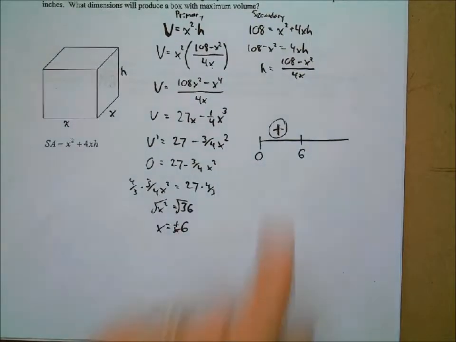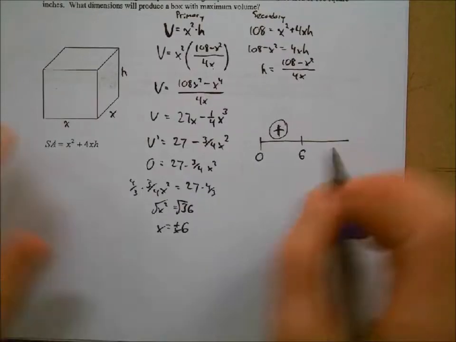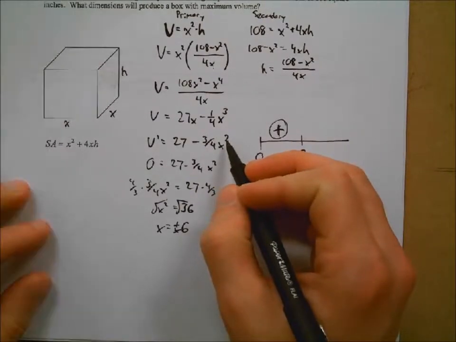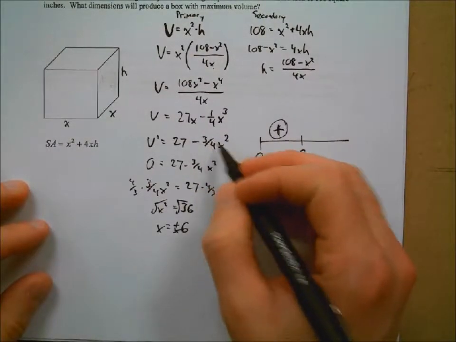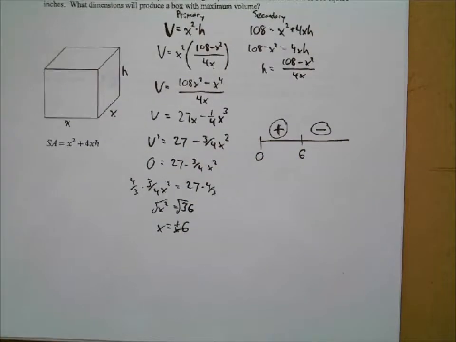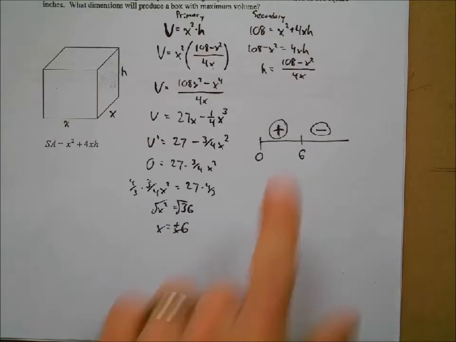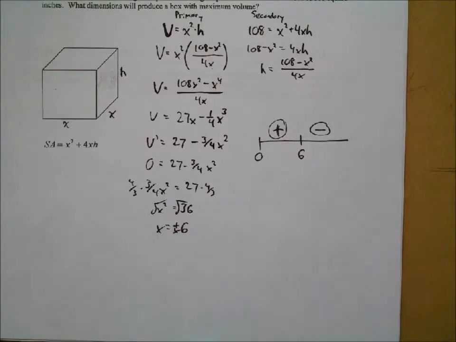And then after 6, let's pick 10, just to make it easy. 10 squared is 100. 3/4 of 100 is 75. 27 minus 75, negative. So, are we convinced that 6 is not only a relative maximum, but also the absolute maximum here?